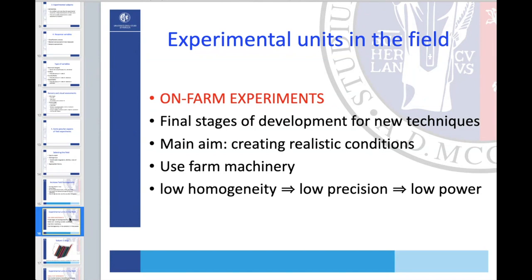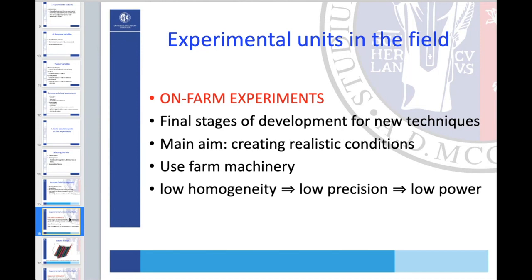These experiments are very important, but they are usually characterized by high realism but low homogeneity, so low precision and low power. So it is very difficult to prove that a difference exists because we are subjected to all sources of variability which are typical of working in the field.